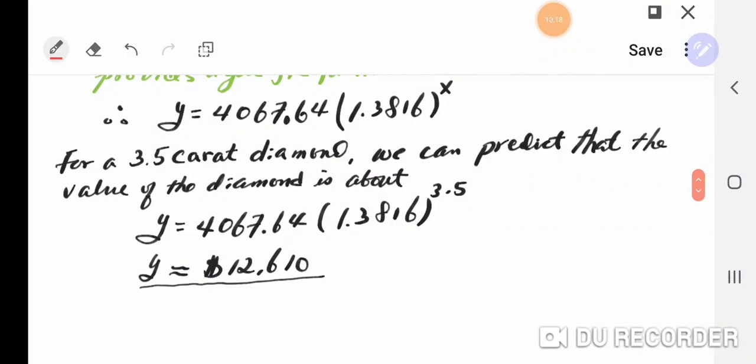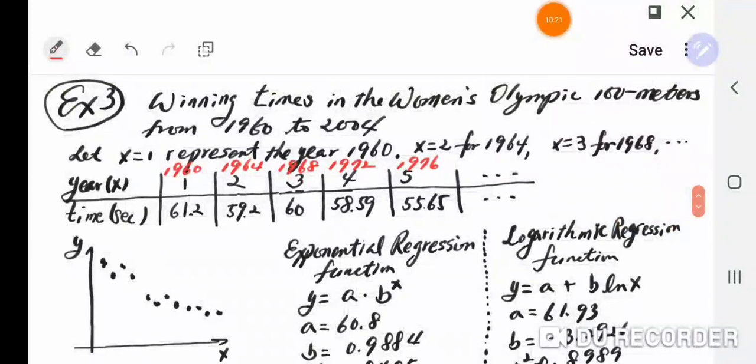Okay, let's try the next one. Example 3. This is about the winning times in the women's Olympic 100 meters from 1960 to 2004. Starting from 1960 as x equals 1, x equals 1 represents the year 1960.